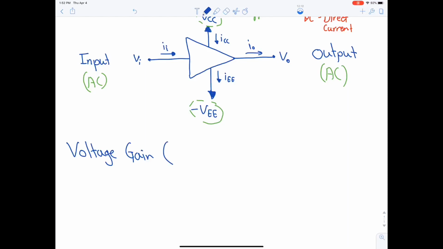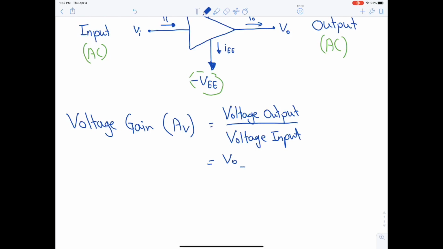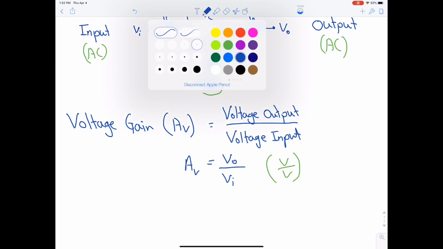The symbol of voltage gain is AV, which is equal to the V output divided by the V input. What's the unit? It's V over V. That's the first equation: AV is equal to VO divided by V input.